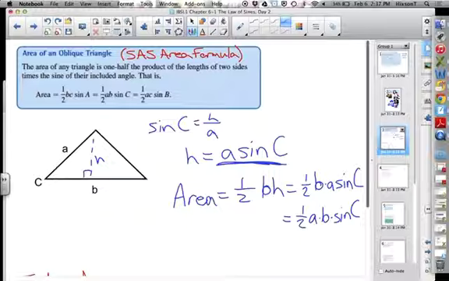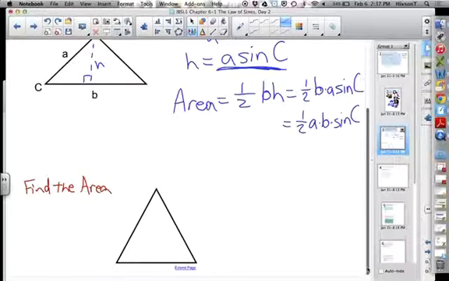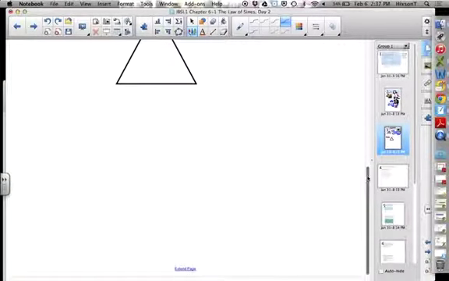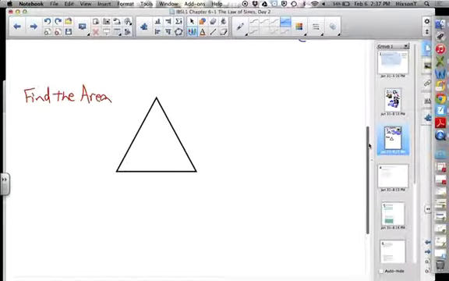Okay? So you can find the area of any triangle where you know two sides and the angle between them, like this. Let's say I knew that this was 30 degrees, and I knew that this was 12, yes, I know it's not drawn to scale. And let's say that this is 15 meters here.